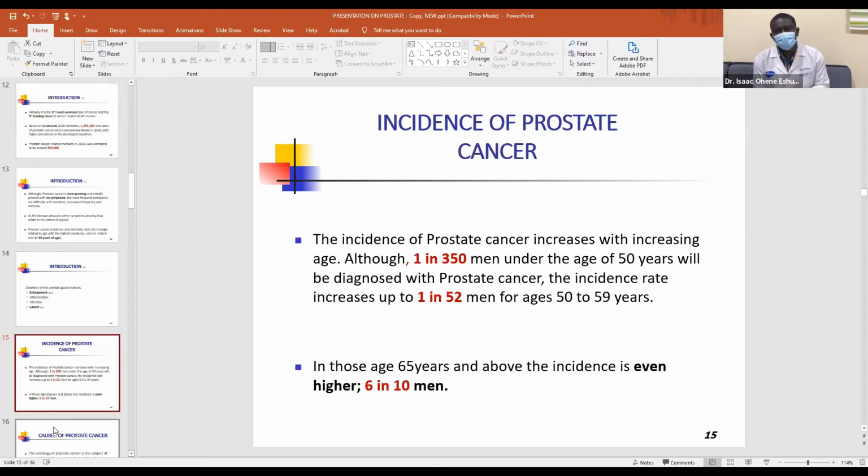When you take 52 men, you would at least have one. So that becomes 1 in 52. Now, if you move further upwards, that's where it becomes more alarming. That's among the age 65 group. When you take 10 men, 6 at least would be prostate cancer patients. And this is random sampling. So randomly, if you sample 10 men who are above 65, the chances are that you have 6 in 10.